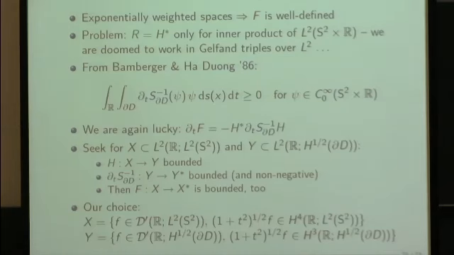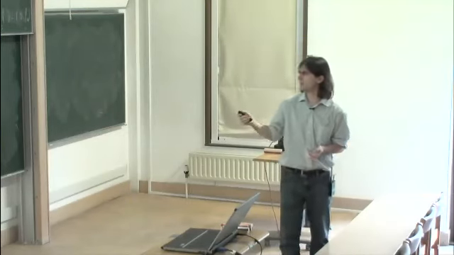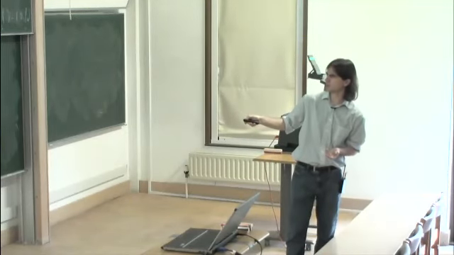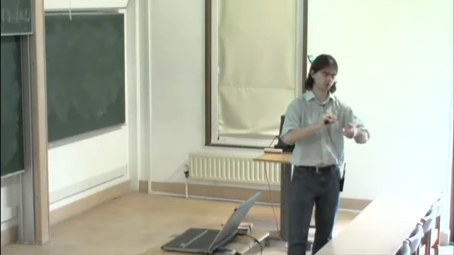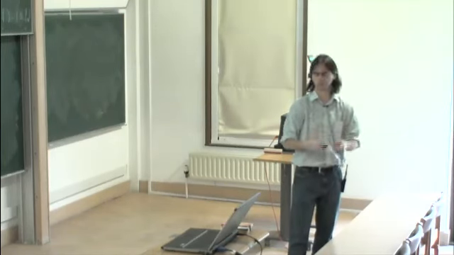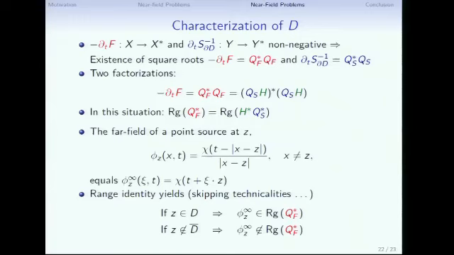It took us quite a while to find good ones that do that job, because that is difficult and not obvious. What we finally took were Sobolev spaces that have a polynomial weight in time, because they have a nice interpretation under the Fourier transform, because you just exchange multiplication and differentiation. Won't go into details here.